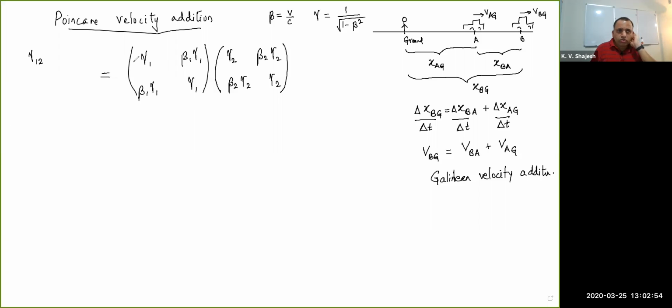These are the two velocities of the two observers because the matrix involves the velocities, and we can call this beta 1,2, and that will be our velocity addition formula in terms of these matrices.